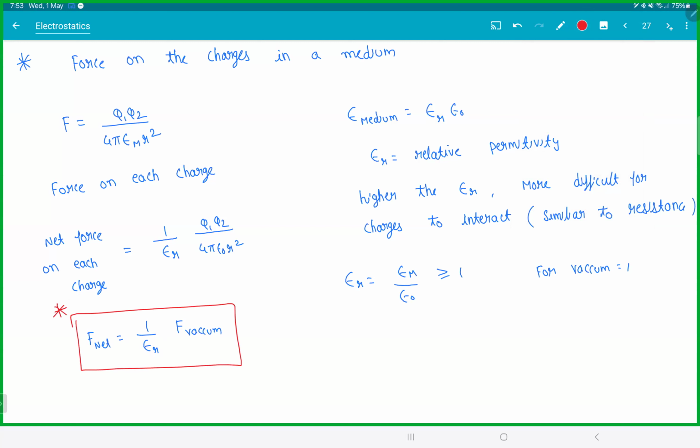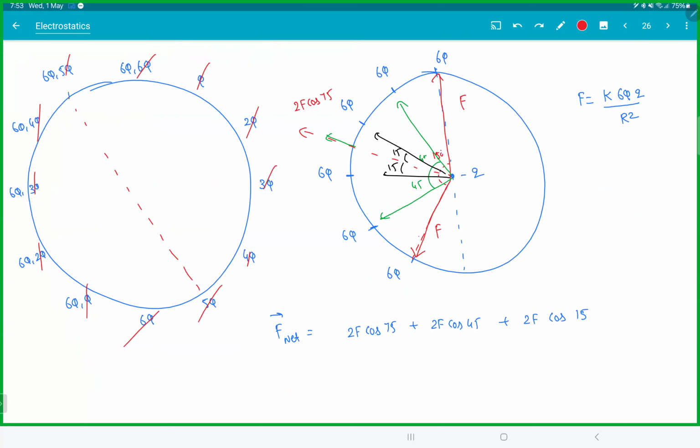Now we need to see why the force decreases. When you put two charges in a medium, why is the force decreasing? That we'll see on the next page. So this is Coulomb's law from the previous page. Clear?